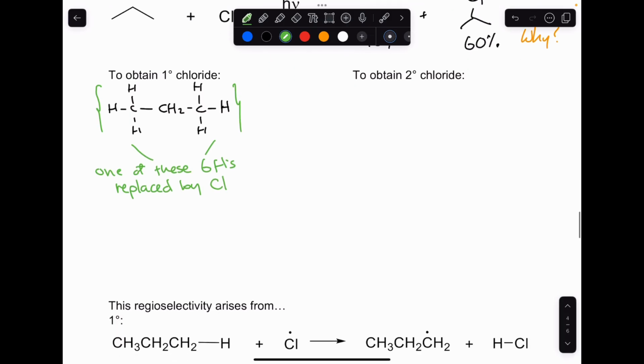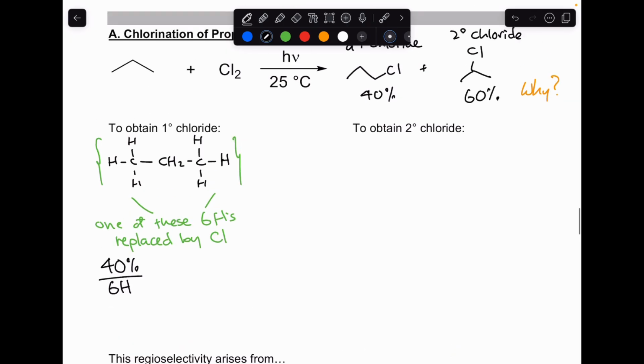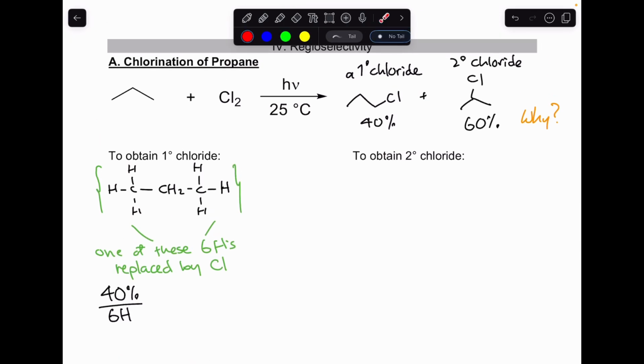Now, if we divide the 40% yield by the 6 hydrogens, right? The reason we do that is that there are six opportunities to make the primary chloride. This primary chloride production is skewed by 6 hydrogens, compared to, say, a one-hydrogen situation.